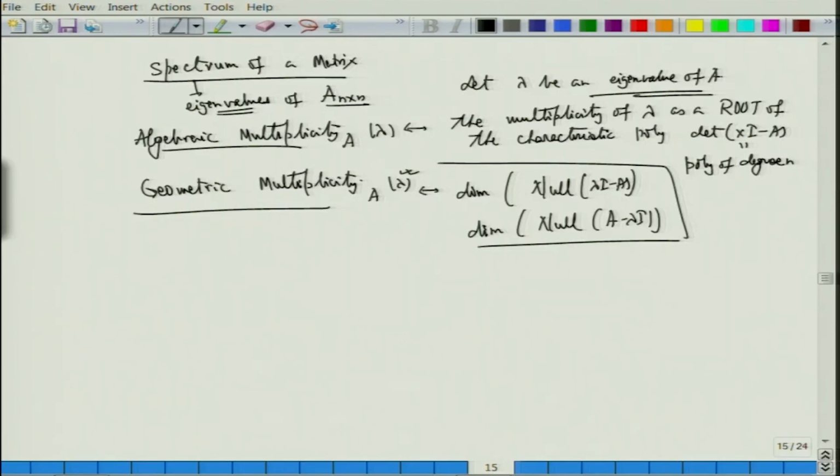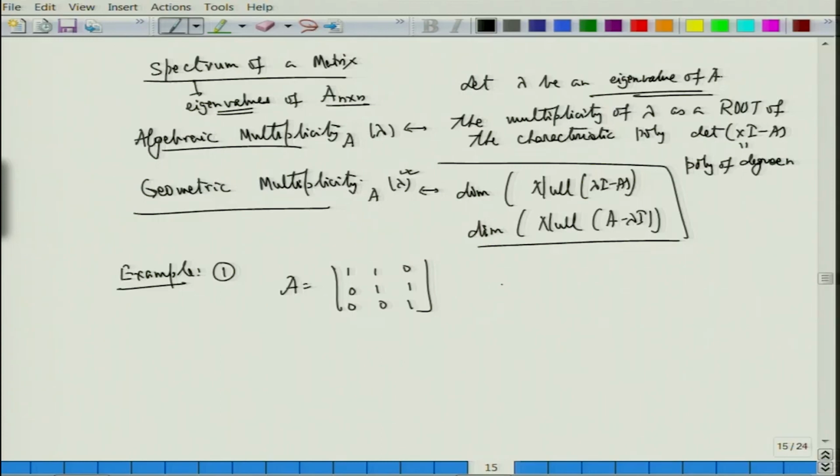So, example. Let me take one example. I define A as the matrix with rows 1 1 0, 0 1 1, 0 0 1. I look at this, all right, fine.